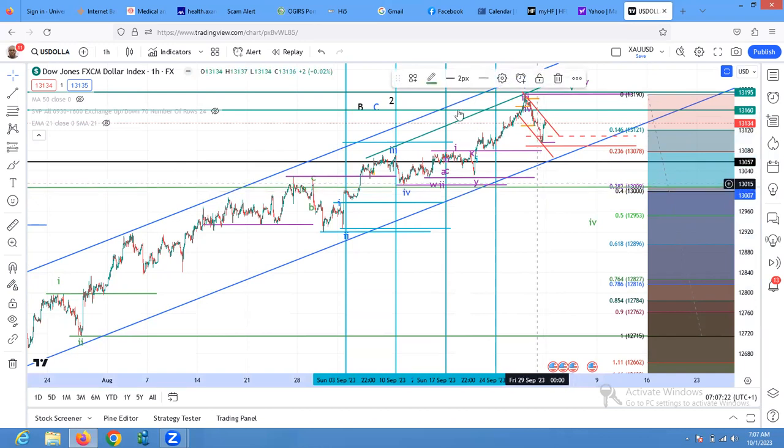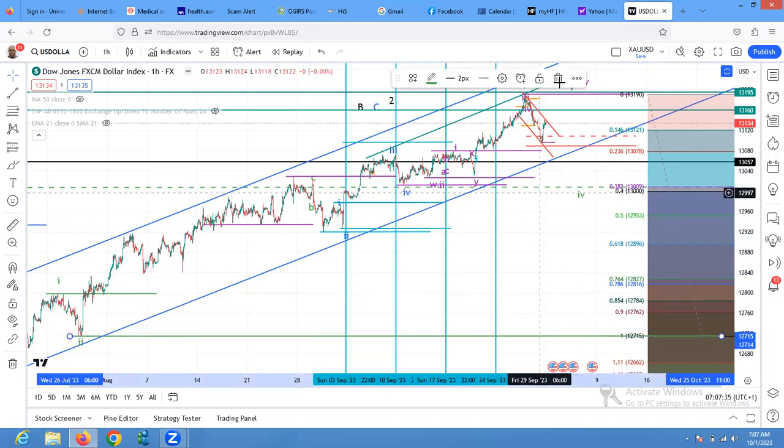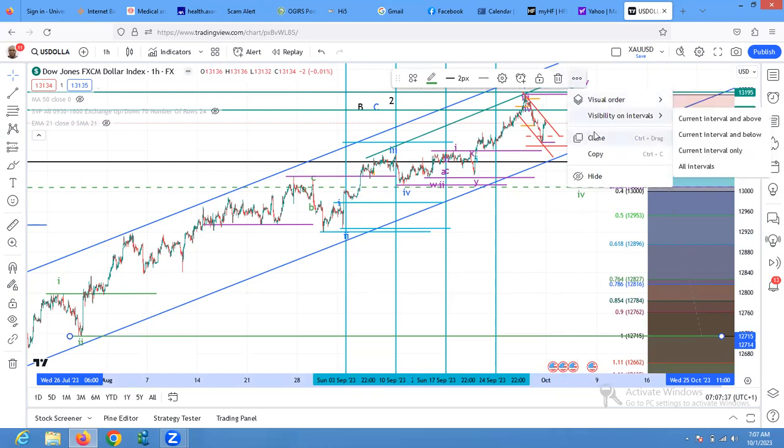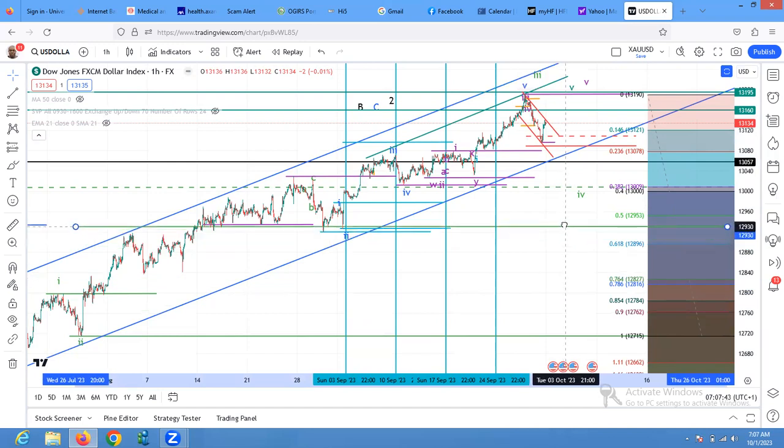That's 38. And so that is where we are likely to see our 4. So the reaction to occur here, and not more than the 50 if it's indeed a correction of that wave.